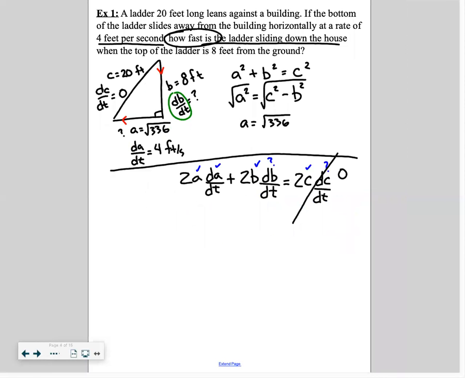All right, so we're solving for dB dt, and at this point we have everything. It's just reworking the numbers here. So I'm going to say 2b dB dt is equal to negative 2a dA dt. And I just want to divide out my 2b.